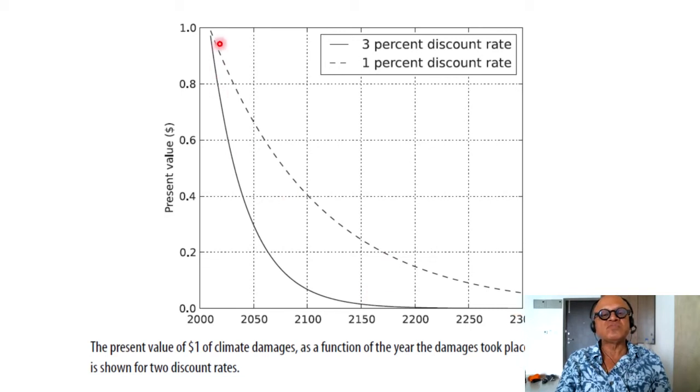Whereas if you assume that the money is going to devalue at a 3% discount rate, then you can see that by about 2200 the damages have no value. They don't add any value at present.